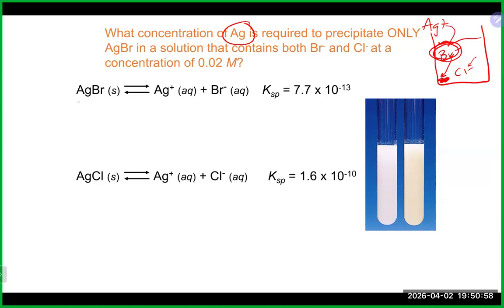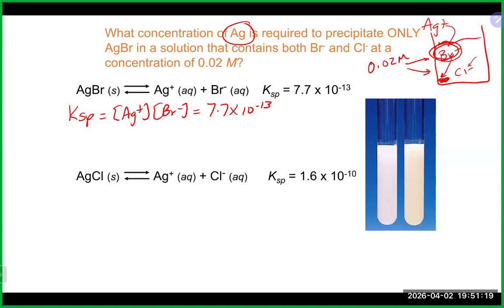Well, we could write our KSP expression for silver bromide as we did earlier: the silver concentration times the bromide concentration is equal to 7.7 times 10 to the minus 13. Now, the one thing we do know about each of these ions floating around in the solution is their concentration.